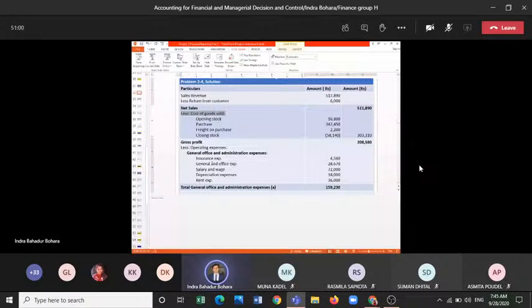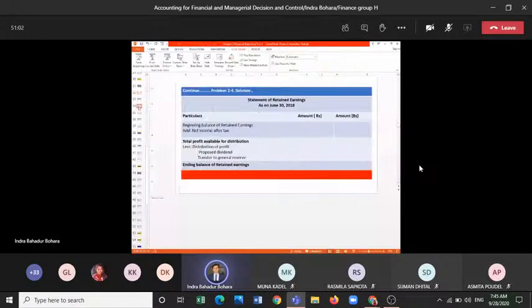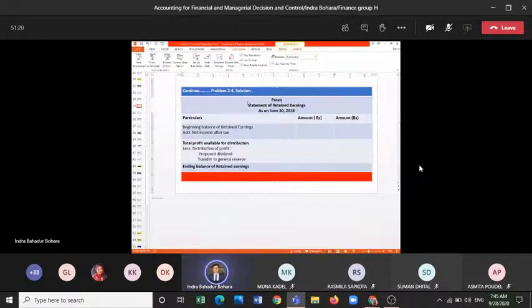Okay, prepare another format, statement of retained earnings, and the company name is Patton Wood Carving Company. Statement of retained earnings as on June 30, 2018.